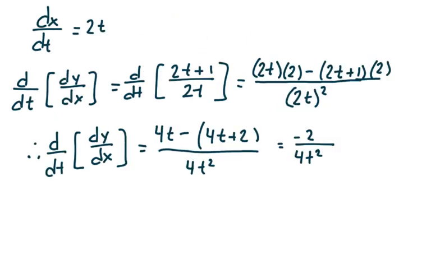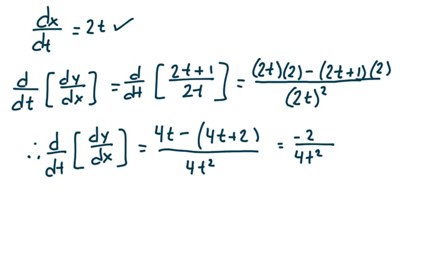Now, if we come over here, we already know dx/dt is equal to 2t. And so if I look at the derivative of dy/dx with respect to t, that's the derivative of (2t plus 1) over 2t with respect to t. And then I applied the quotient rule.